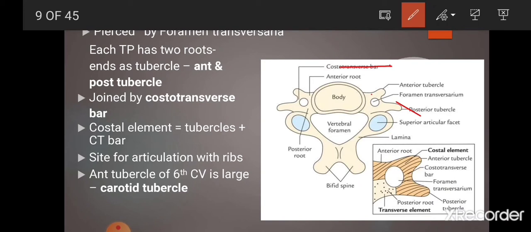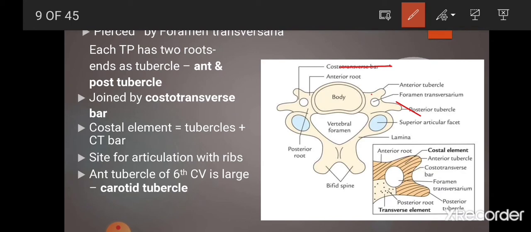Costal element is equal to the tubercles plus the costotransverse bar. So the costal element of the developing cervical vertebra is represented by the anterior tubercle and the posterior tubercle, and the costotransverse bar in between them. The site for articulation with the rib is these costotransverse bars and the tubercles.